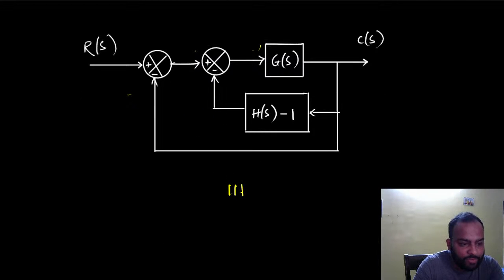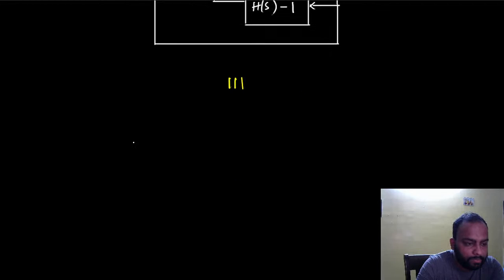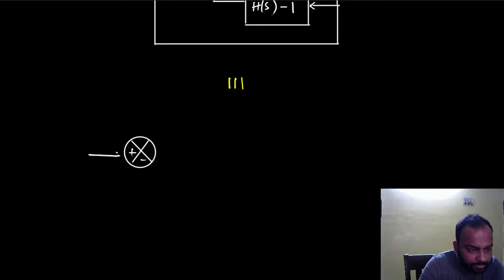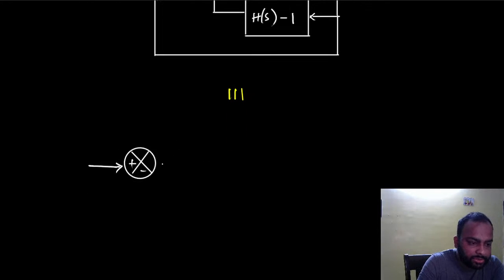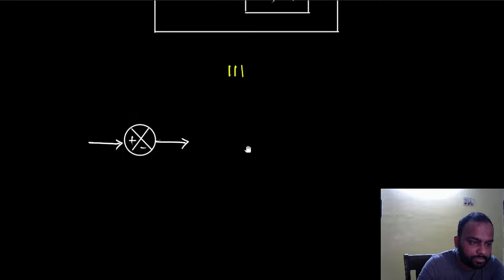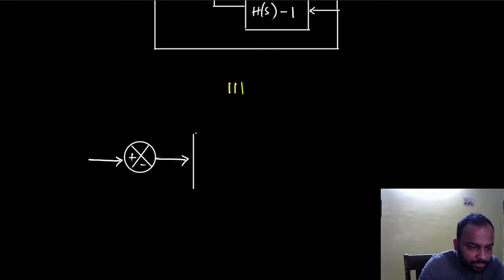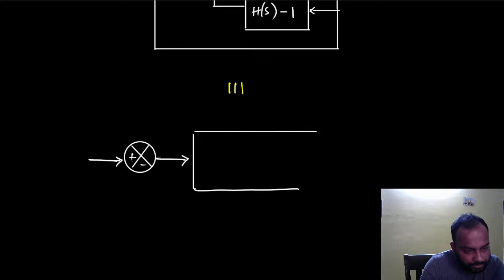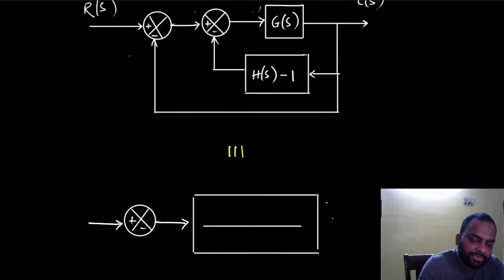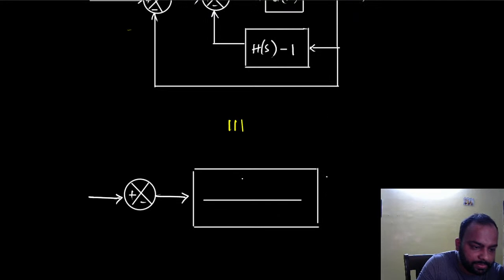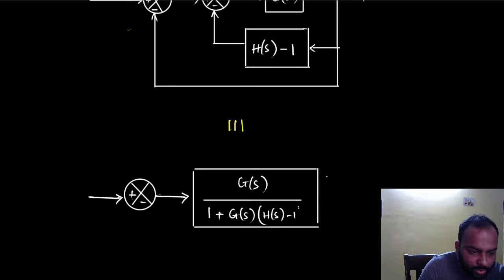So this is equivalent to, and here we are doing block diagram reduction. So this transfer function after block diagram reduction becomes G(s) by 1 plus G(s) times (H(s) minus 1).